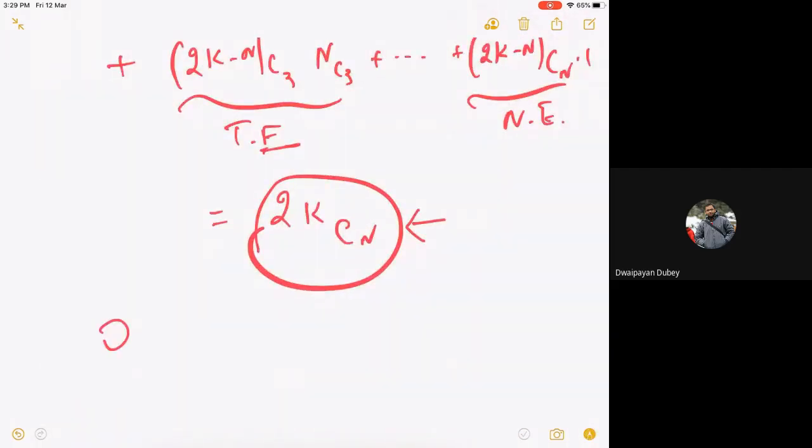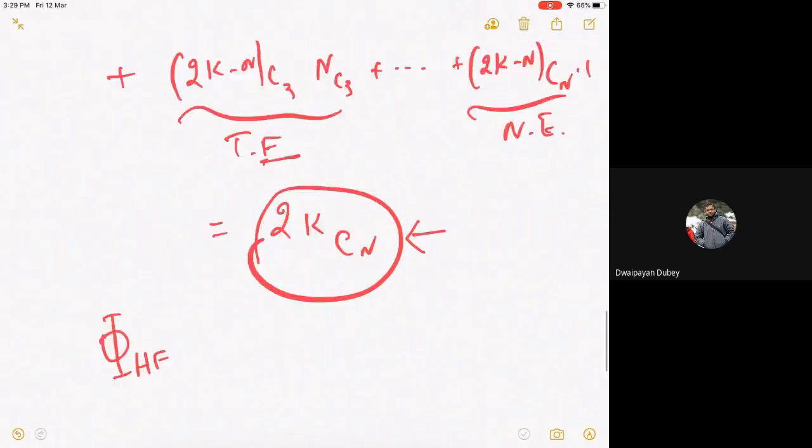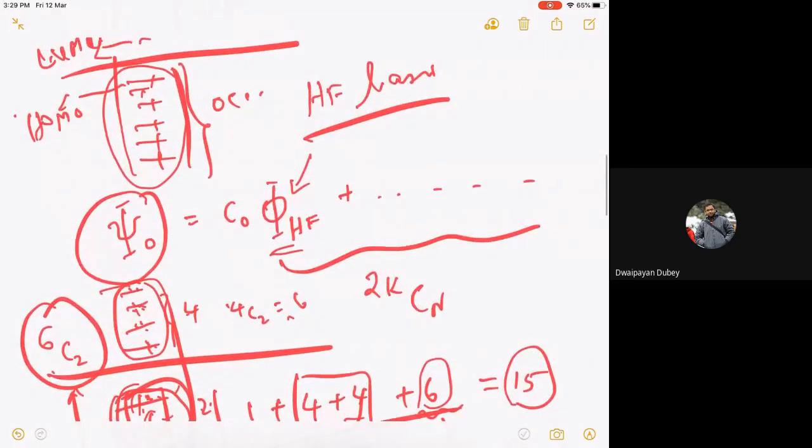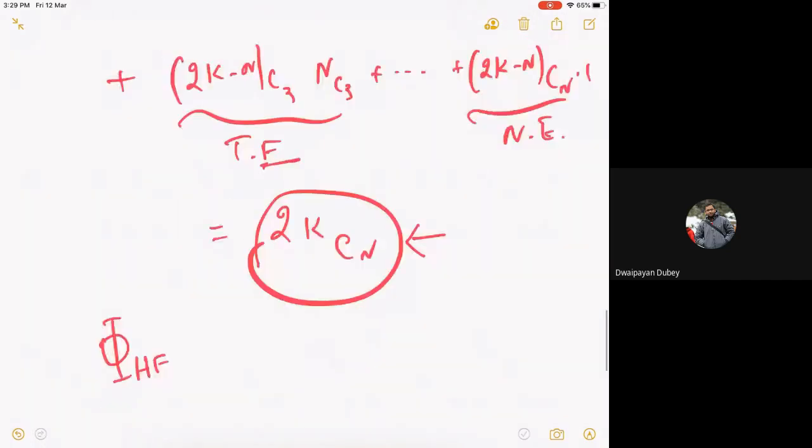Let me also give a symbol. For Hartree-Fock, let's say I'm using phi Hartree-Fock. I think in Szabo and Ostlund they have used psi, and the exact wave function they have written as phi. I'm not very sure, but it doesn't matter, we will continue to use this.